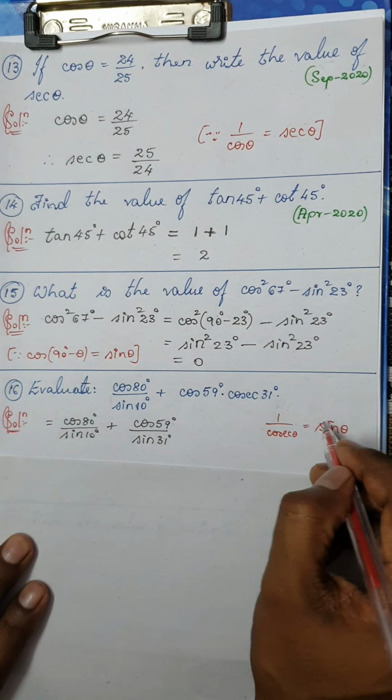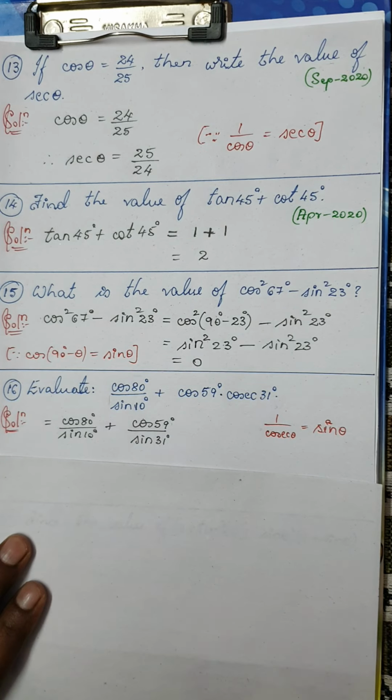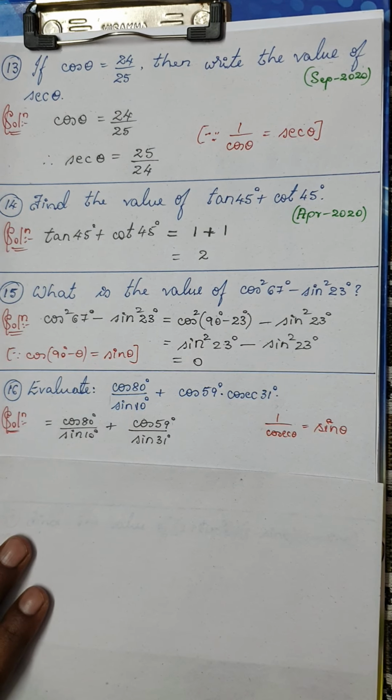If you bring cosecant to the denominator, you will have 1 by cosecant, that is nothing but sine. Is it clear?